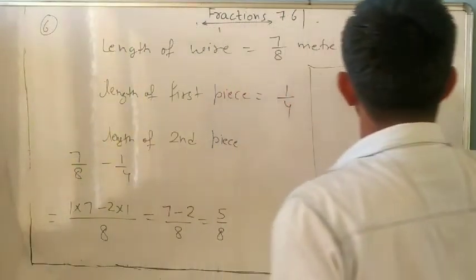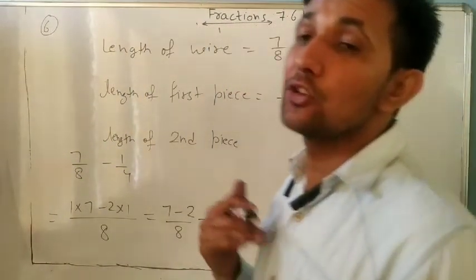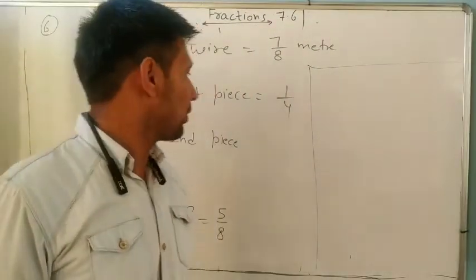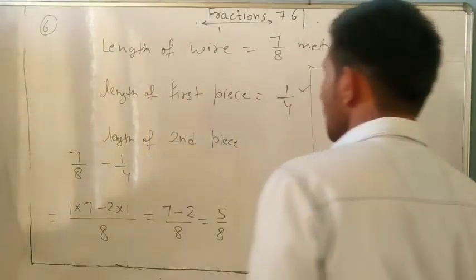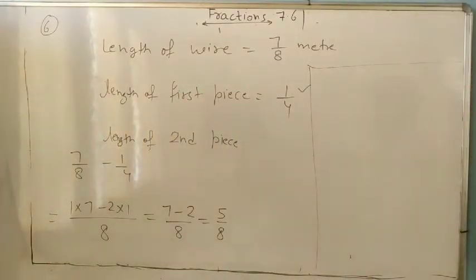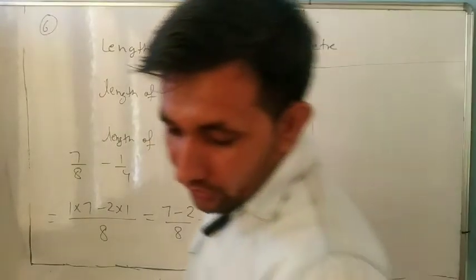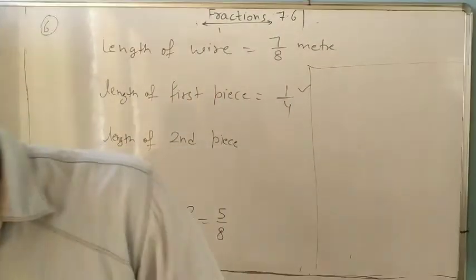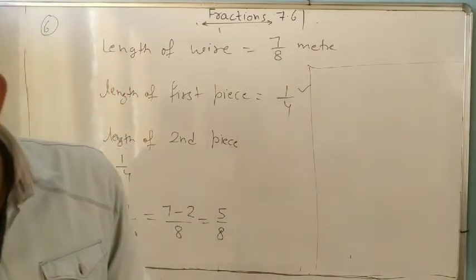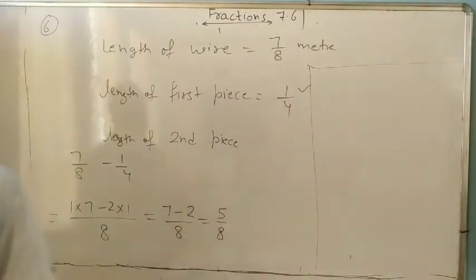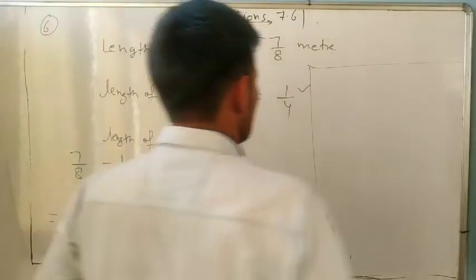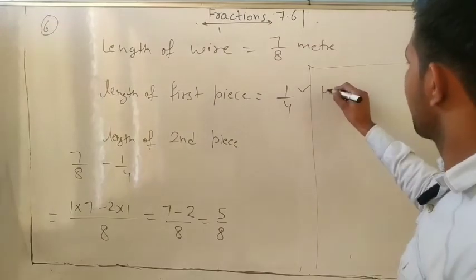But the question is asking how much long. So we have to find the other piece. In the second part it is given, one piece was 1 by 4 meter long and how long is the other piece? So we have to find how long the other piece is.